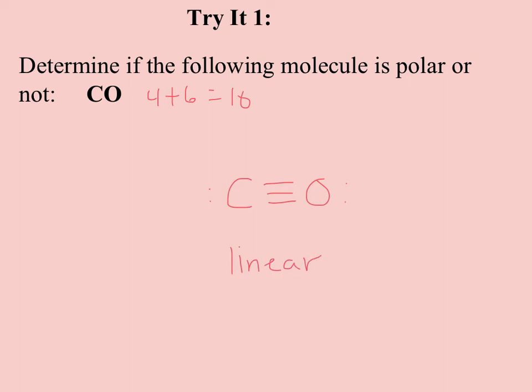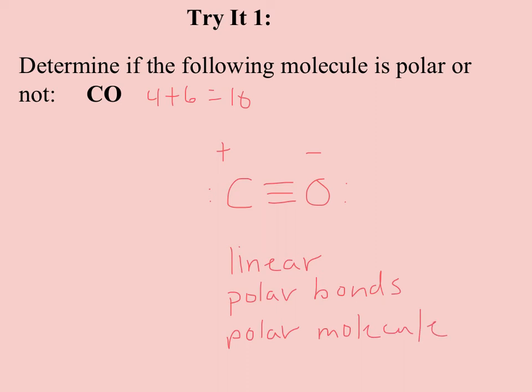But in this case, because there's only 2 and because this is a polar bond, oxygen pulls the electrons more strongly to the oxygen side. Carbon's going to have the electrons less of the time. In this case, it is a polar molecule. So I've got polar bonds, and I also have a polar molecule in this case.